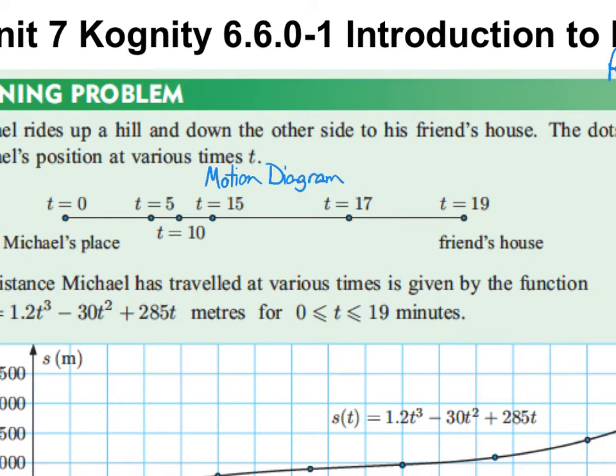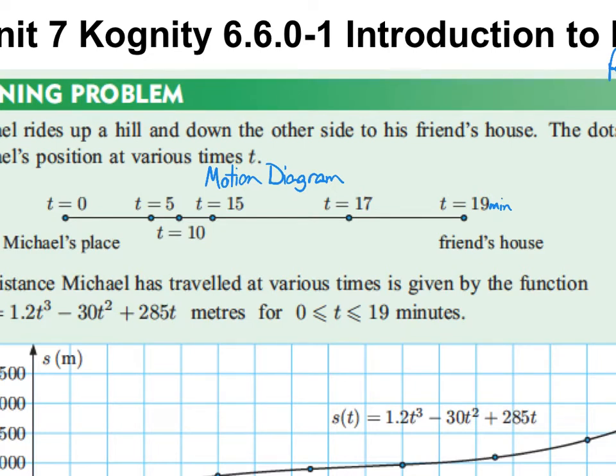Okay, so from Michael's place to his friend's house, notice here it's taking him a total of 19 minutes to get to his friend's house. All right, but you'll notice also that the amount of distance that he's covering is not the same for these different time intervals.